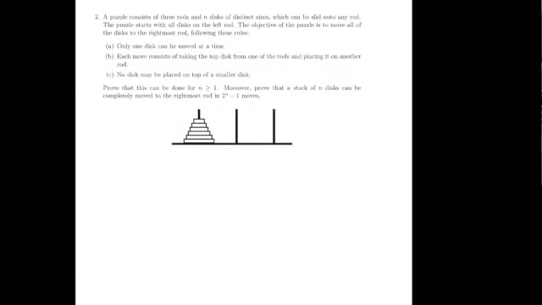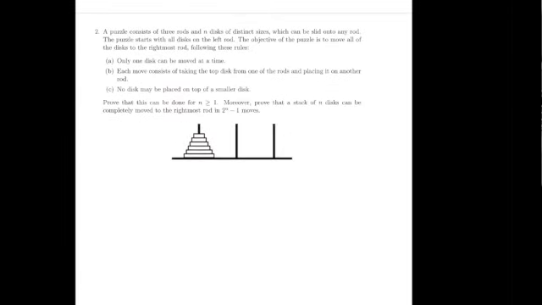So let's say I'm going to do this exercise for question 2. And this is another little game. The idea here is we're stacking all of these disks on top of each other. And what we'd like to do is move all of these disks over here so that we have the same looking pyramid on the rightmost rod.